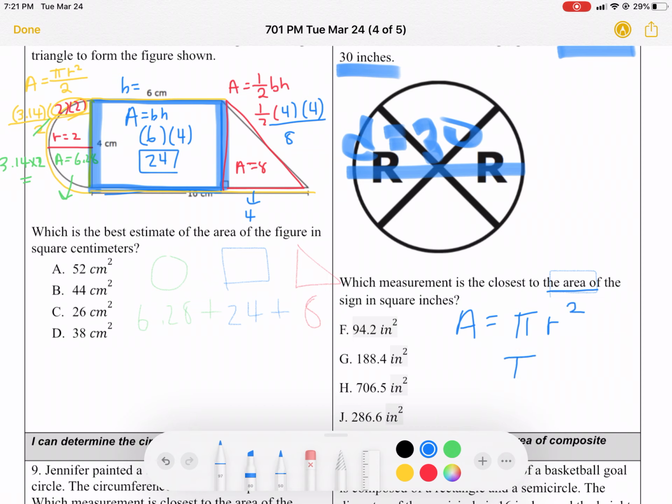So you just do 3.14 times the radius. Remember, radius is going to be half of the diameter, which is 15. Since it's squared, I'm gonna multiply 15 by itself again, and that should give you the answer.